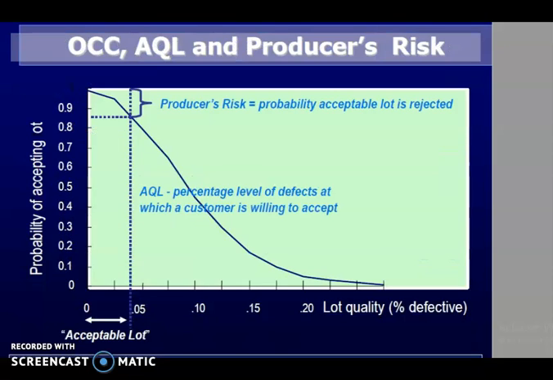You can see in the second diagram, at the upper top left portion, that complete region is the producer's risk. In this case, defective components are around 3% to 4%, and if the lot gets rejected, that is the producer's risk, the probability that an acceptable lot is rejected.